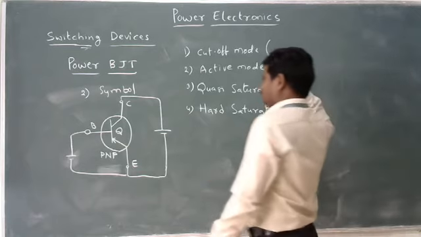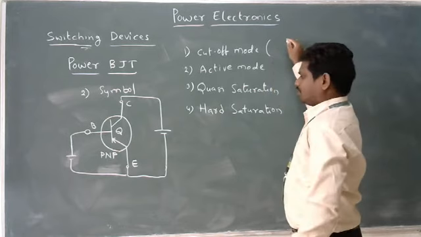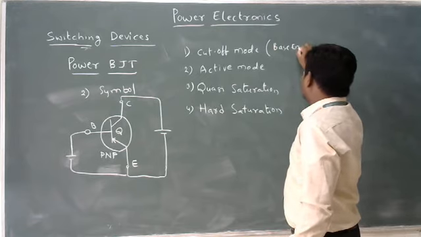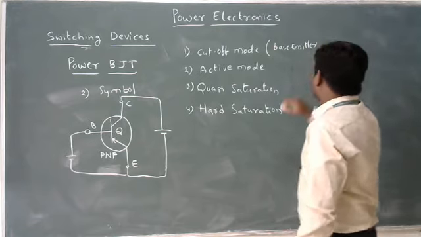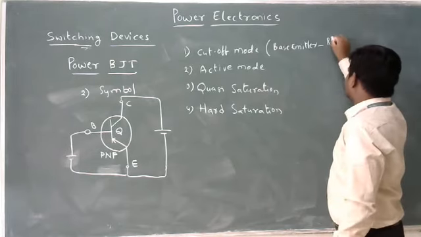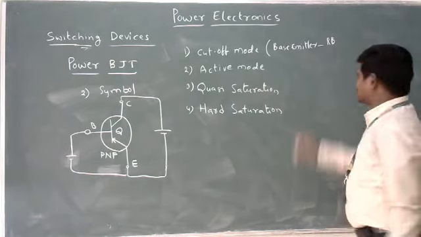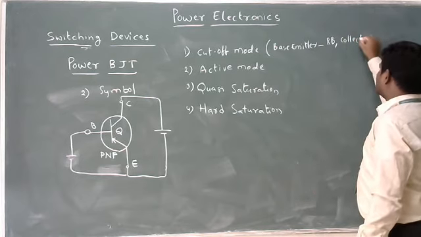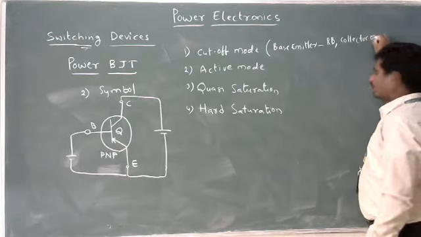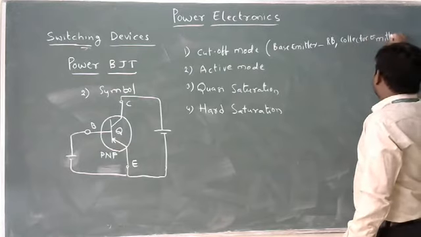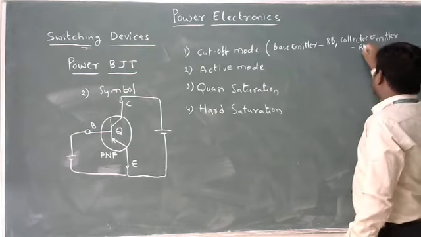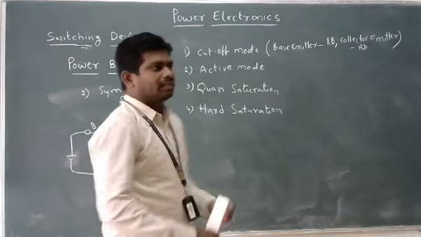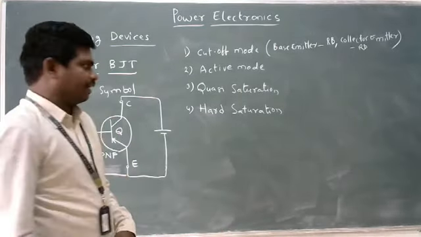I can say base emitter region reverse biased, and collector emitter also reverse biased. This is the condition that we have to use when the power BJT must be operated in cutoff region.